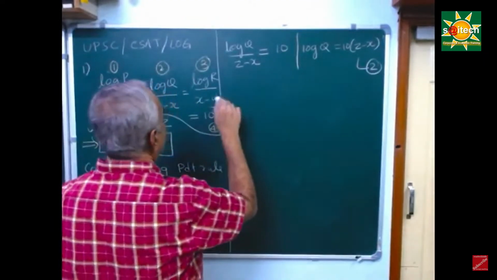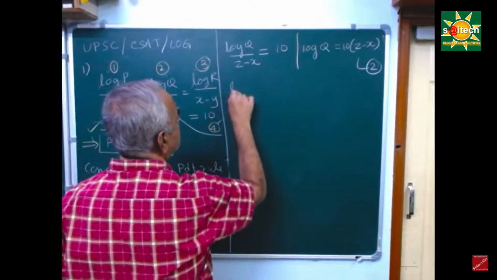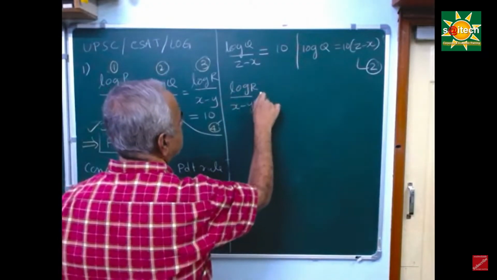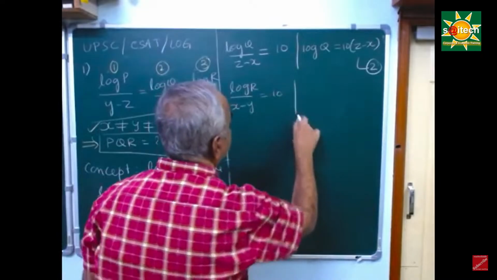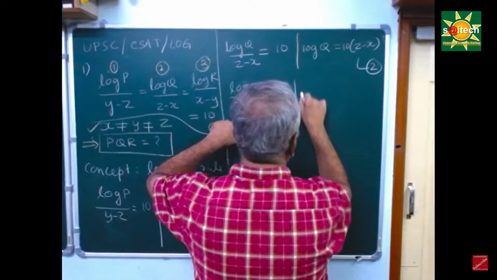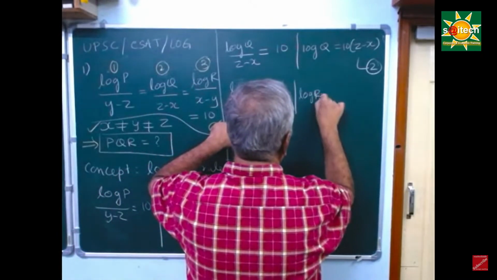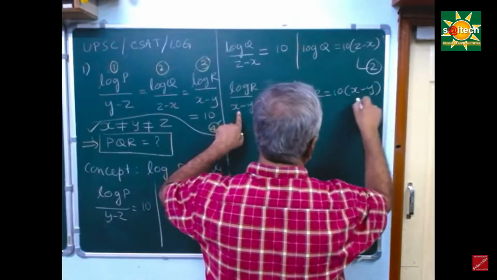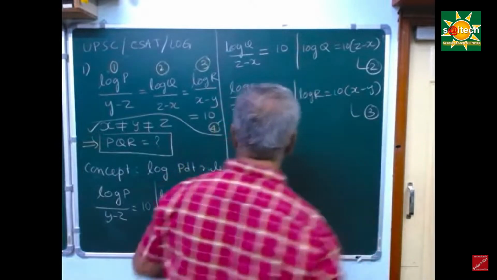Then the third term, log R divided by X minus Y, is equal to 10. This can be rearranged as log R is equal to 10 into X minus Y. So this is the third equation.